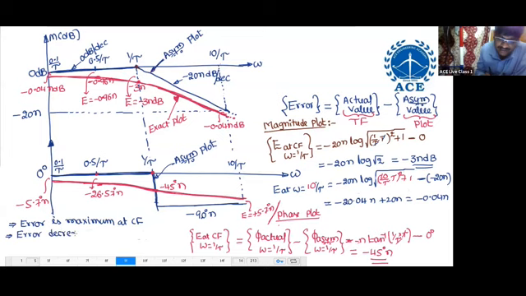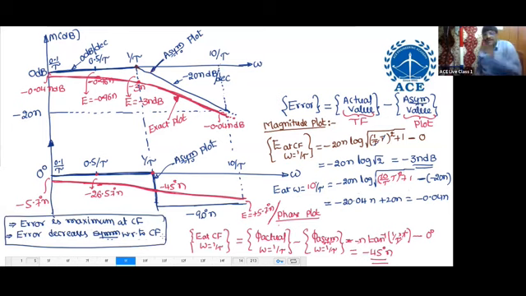Error decreases symmetrically with respect to corner frequency. Symmetrical means below and above have the same errors. Below 1 by tau, whatever the error is there, after 1 by tau the same error will be there. Below 1 decade error, after 1 decade error will be the same.